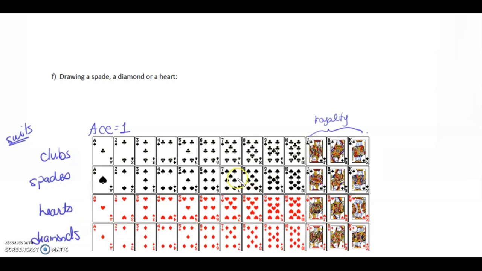So if you're ever given a situation where you are not very familiar with it, we can still find the probabilities just by looking at either the numbers or the faces. This is like royalty. These are called face cards because it literally has somebody's face on it. Or number cards. We can look at the suits or the number on the cards, and we can still find the theoretical probability.